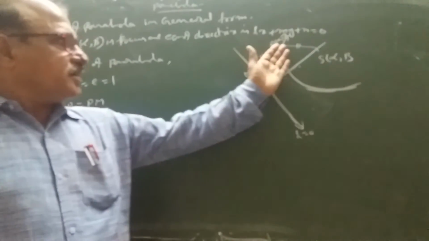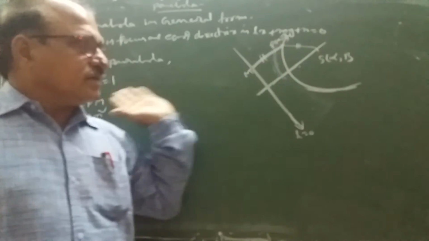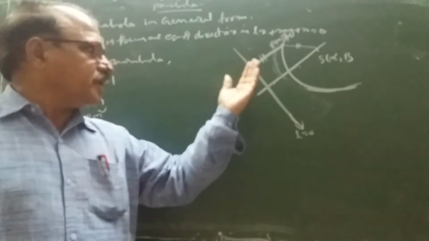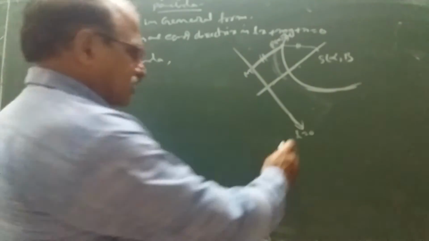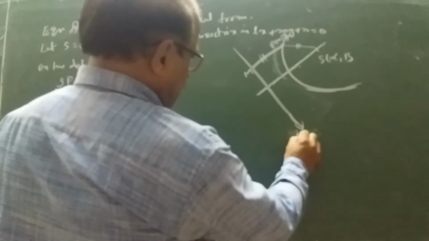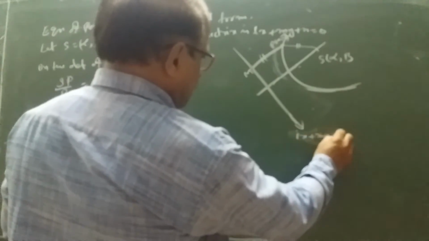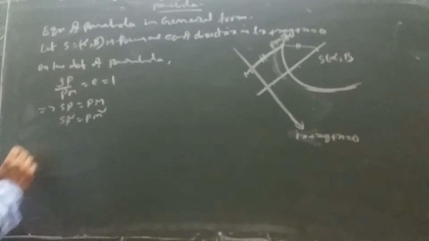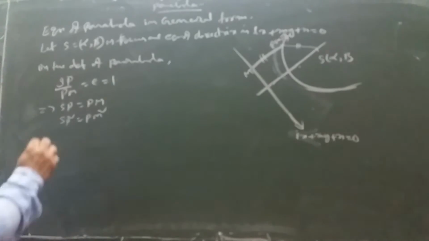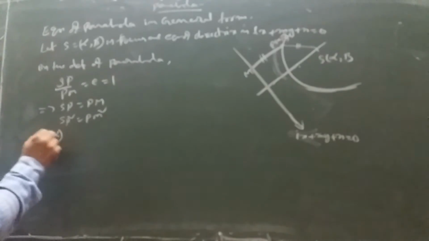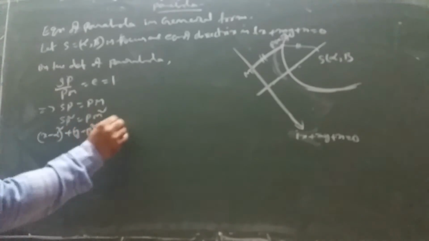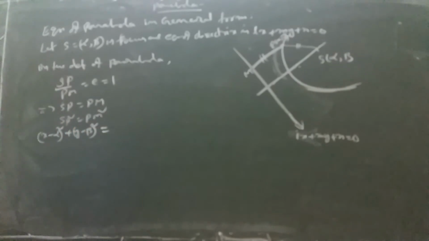SP is the distance between S and P, and PM is the perpendicular distance from P to the directrix, whose equation is Lx + My + n = 0. Then write SP square by using the distance formula: (x - alpha) whole square + (y - beta) whole square is equal to PM square, the perpendicular distance.